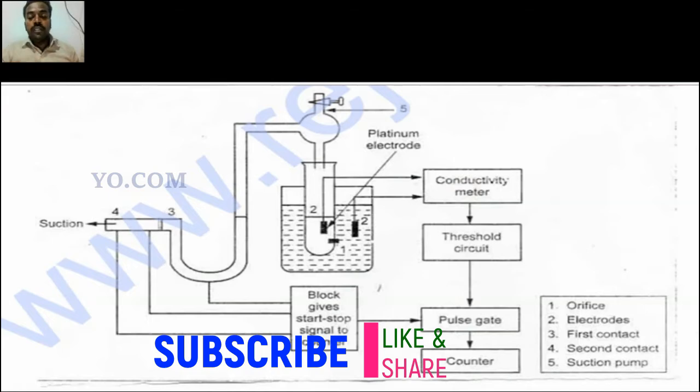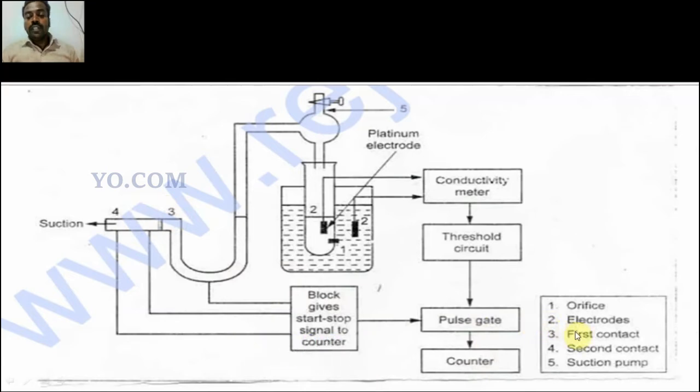Then the pulse gate is used to generate the pulse, and this is given to the counter to count the pulses. Here you have the switch; 3 and 4 are used for the first contact and the second contact. Here the U-shaped tube contains mercury. The fifth one is a suction pump.